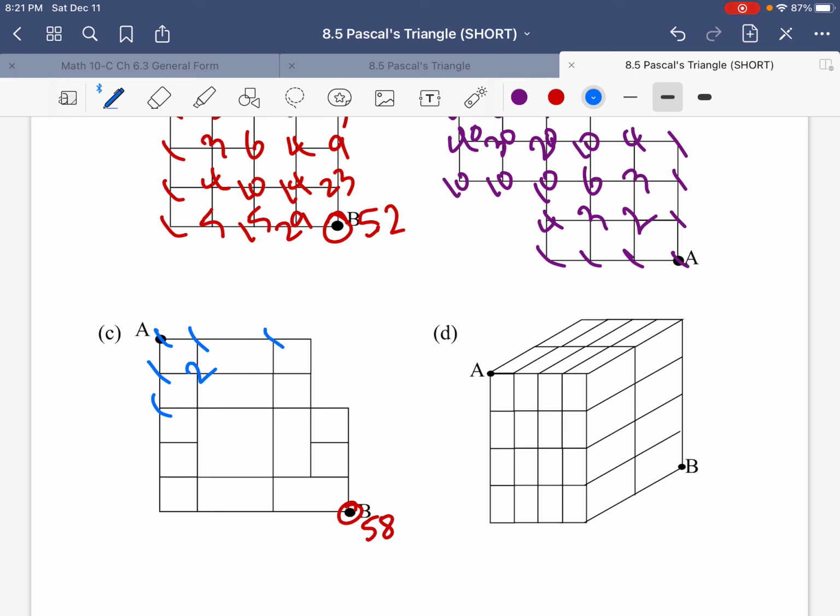All right, now 58. 1, 1, 2, 1. Now notice this is just stretched out. 1, 3, 2, 1, 3, 1, 1, 4, 3 and 3, 6, 4, 1, 5, 4 is 10, 6, 11, 17.